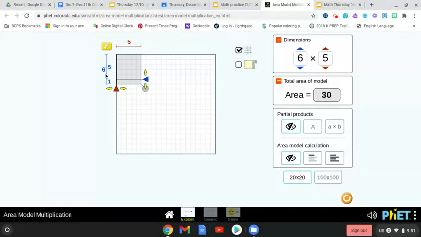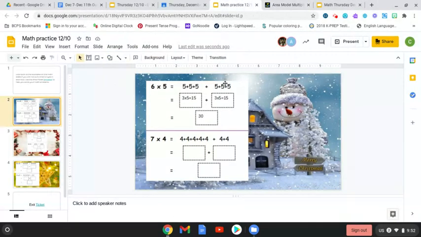Okay. So they've shown you right there 6 times 5. Okay. This is what it is without being broken up at all. Okay. 5 columns and 6 rows. Okay. Or 6 rows with 5 in each, or 5 columns with 6 in each. It works the same way. Now, the way that we broke it up was we broke it up into a group of 3 5s and a group of 3 5s, okay?